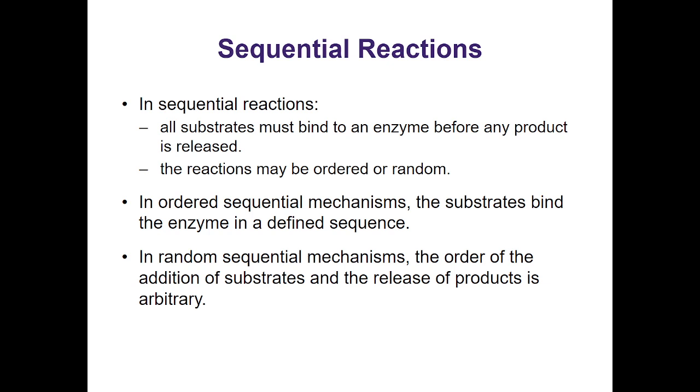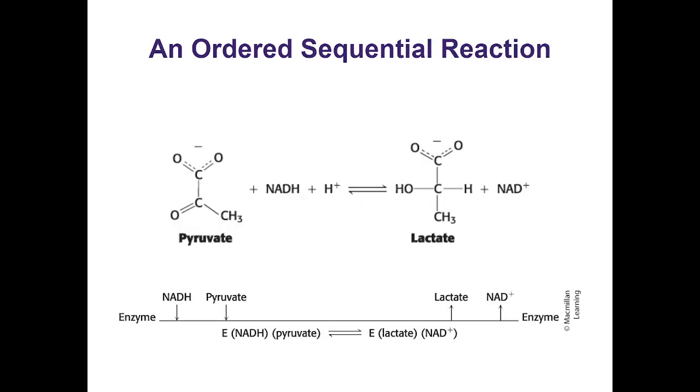Substrate 2, substrate 1, I don't care. And then I bind the other one, I get product. Okay? So in ordered sequential mechanisms, the substrates bind the enzyme in a defined sequence. In random sequential mechanisms, the order of the addition of substrates and the release of the products is arbitrary and can happen in any specific order.